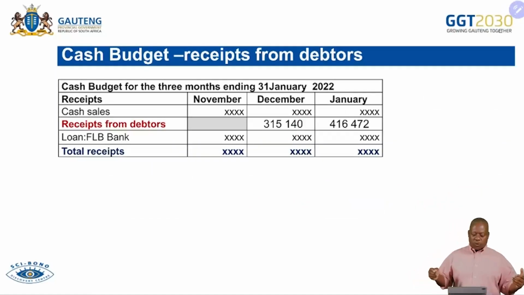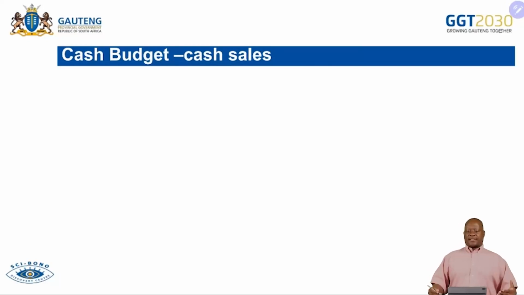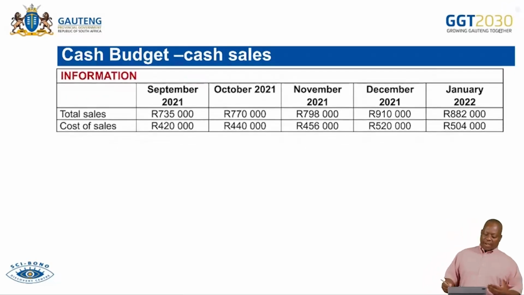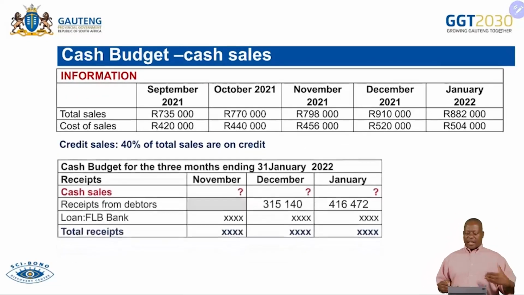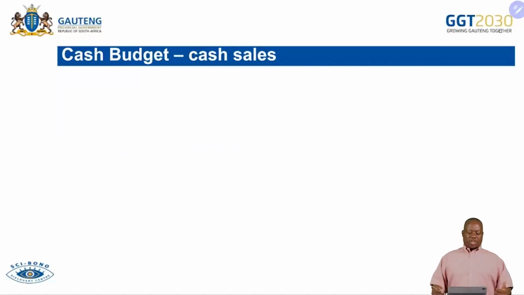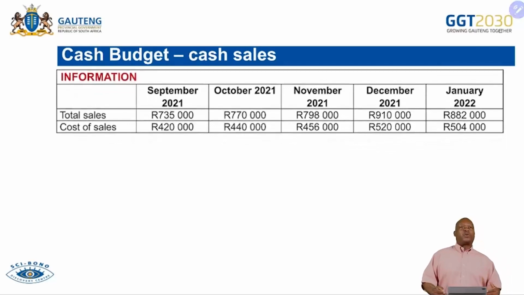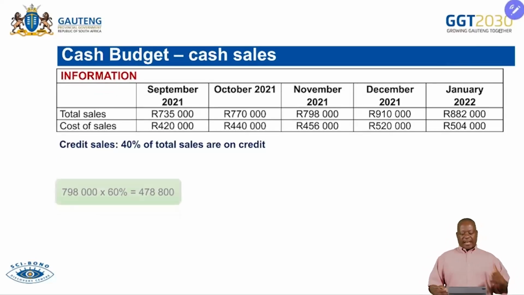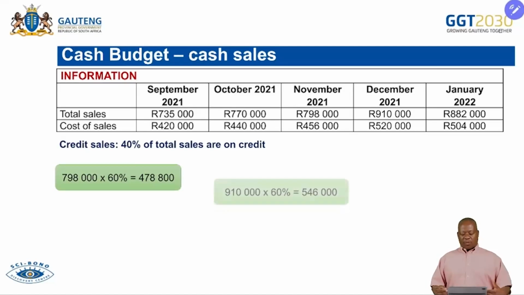Very easy to do. The figures transferred into the cash budget, now done and dusted. Now let's deal with the cash part now. So what is it that we need to do? For us to find the figures for cash sales, we are just looking for the 60% because we know 40% is on credit and 60% is cash.